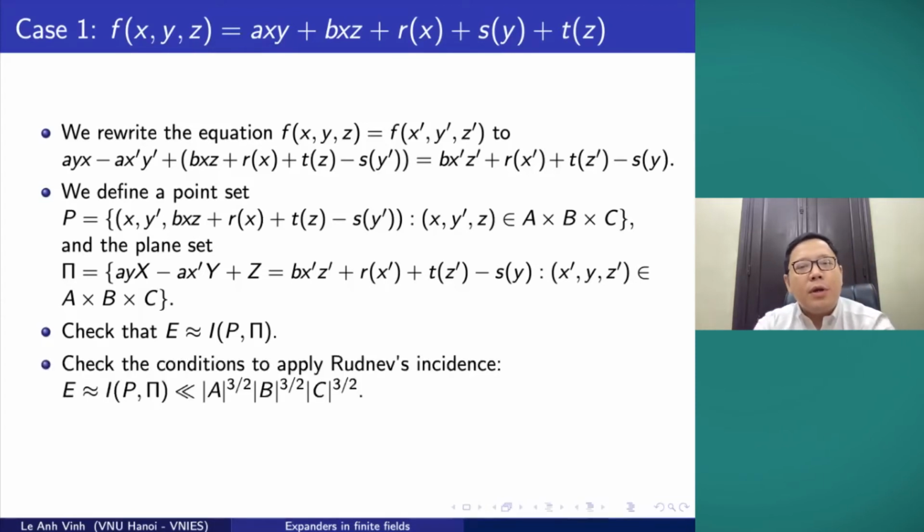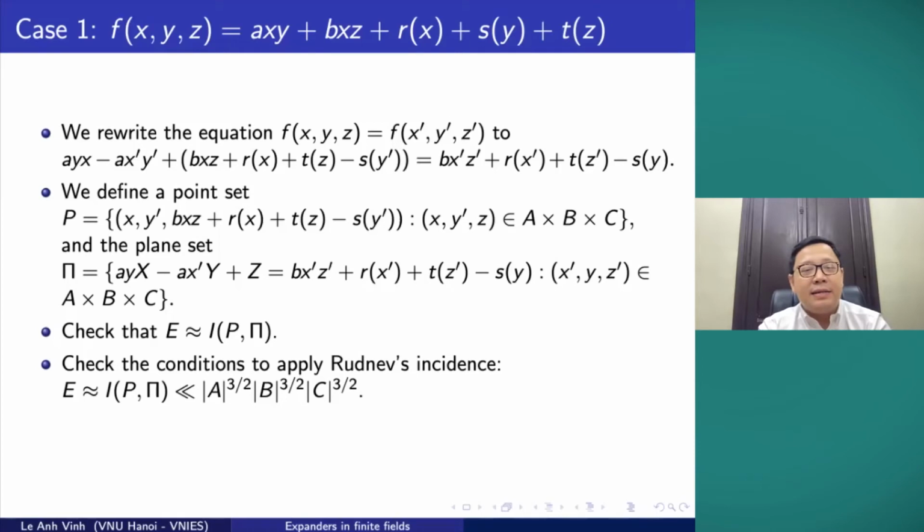Okay, so before we apply the Rudnev incidence bound, remember to check two things. First, the size of the point set, not too big, right? And the second thing is to check the number of collinear points. We need to make sure both conditions satisfy the Rudnev incidence condition, and then you can apply it, and it gives an upper bound for the number of solutions of the equation.